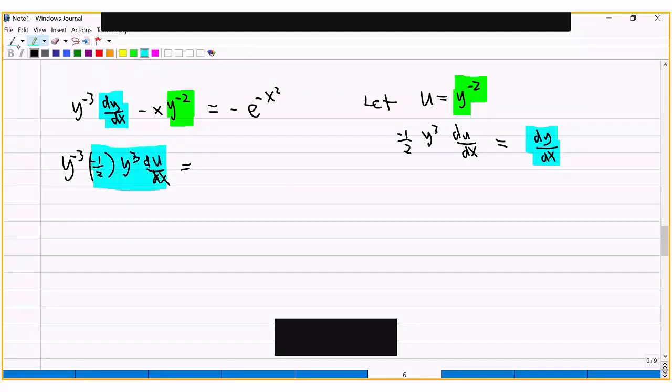And then the other term is minus x y to the power minus 2, where y to the power minus 2 is u, so I use the green one as a substitution. This equals minus e to the power minus x squared. And you have a cancellation: y to the power minus 3 and y cubed cancel. So you get minus half.